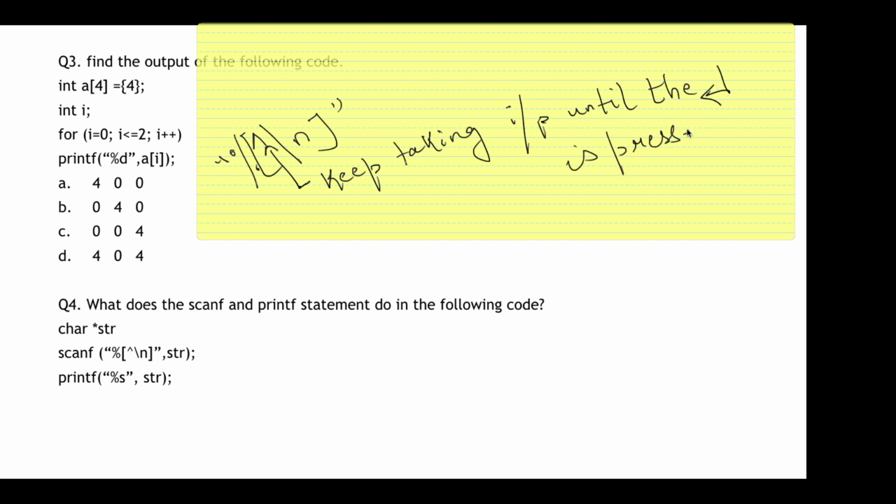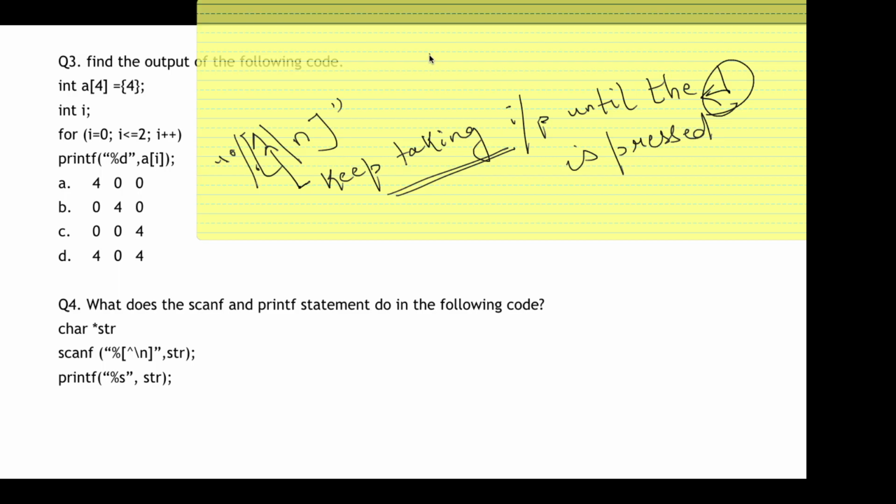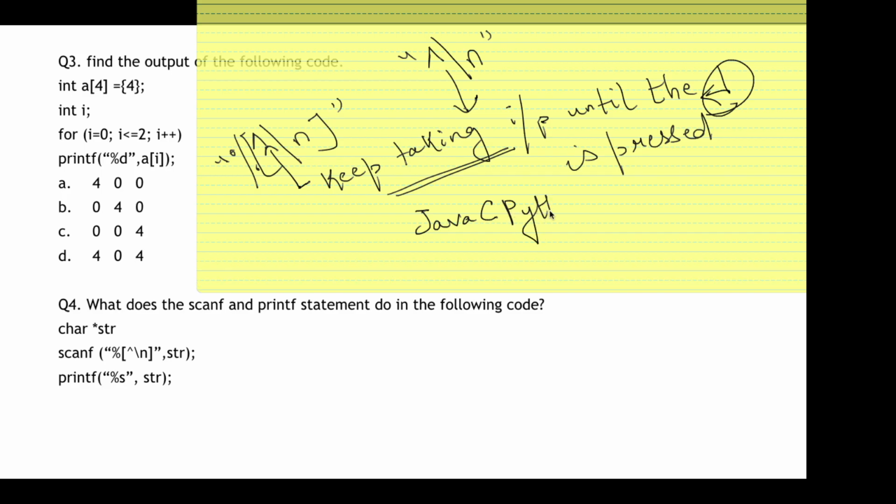Until you press enter, it keeps taking input. This is what this \n does. Suppose I keep writing Java, C, then I write Python, then I write C++, then I write oops. So till the time I keep writing, it will keep taking input. The moment I press enter, it stops.